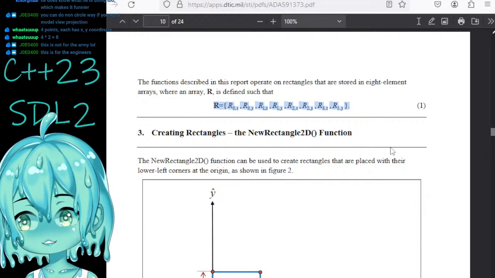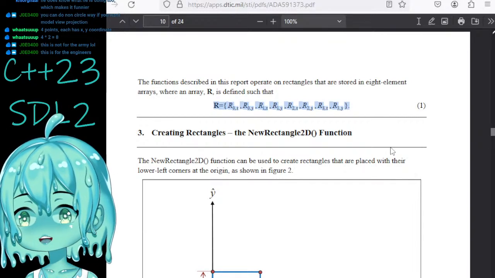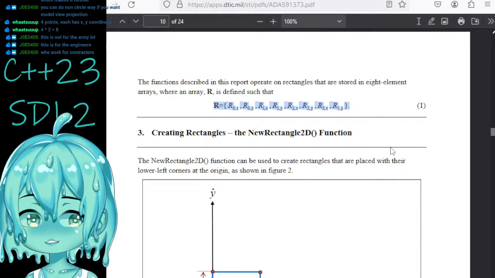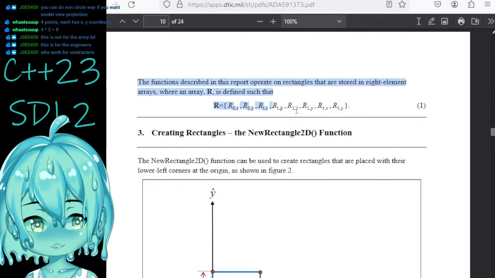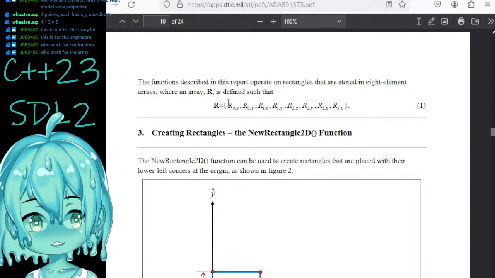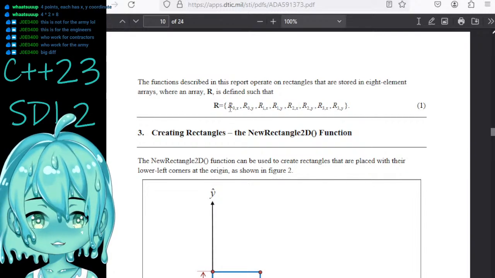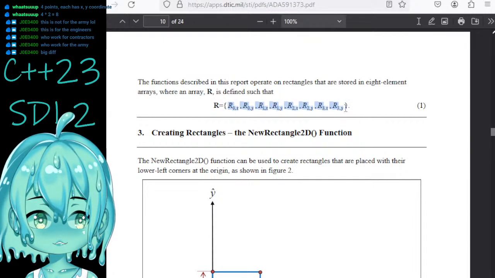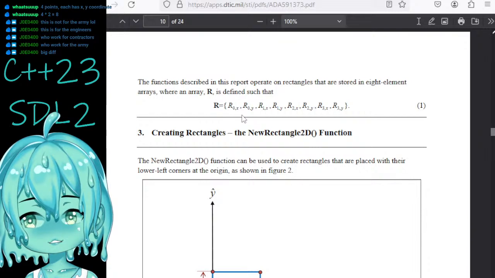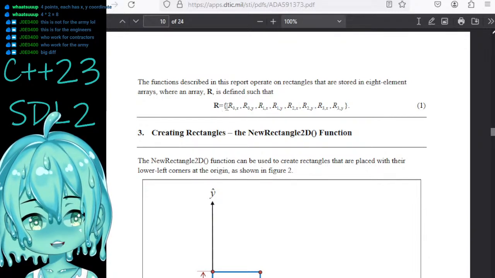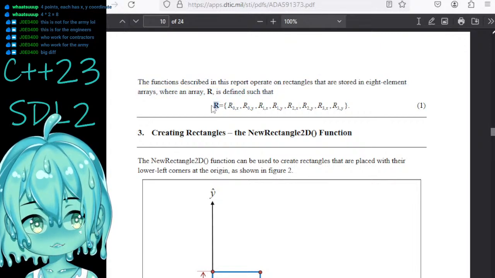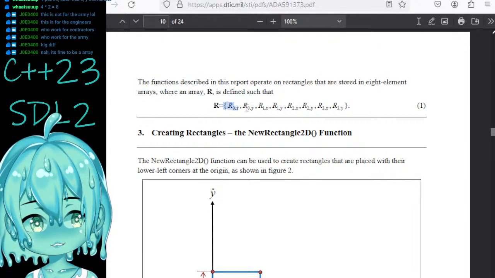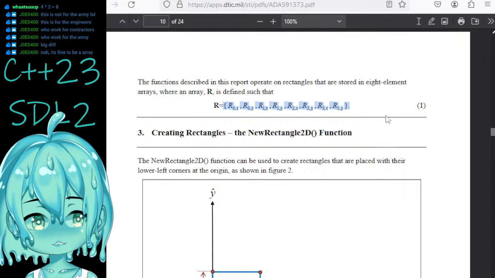4 points, each has XY coordinates. Oh, that's unique. I don't know if that's smart. So he's saying, wouldn't it be better, instead of having a bunch of values in an array, to have a struct like point, defined as 2 values, X and Y, and then a vector that contains 4 points?